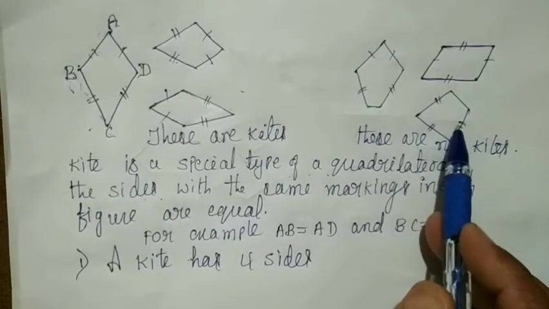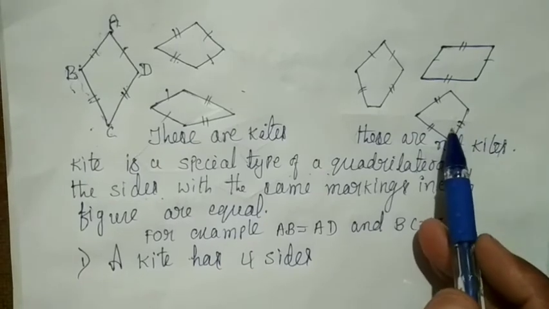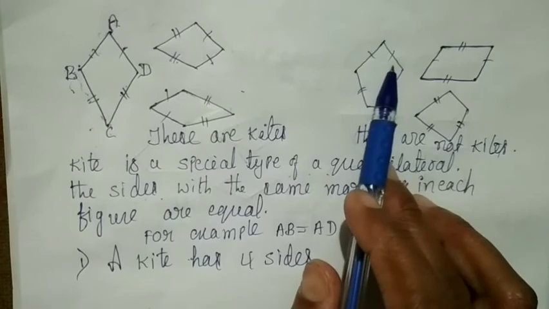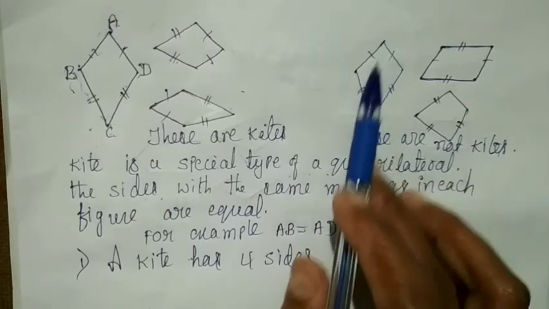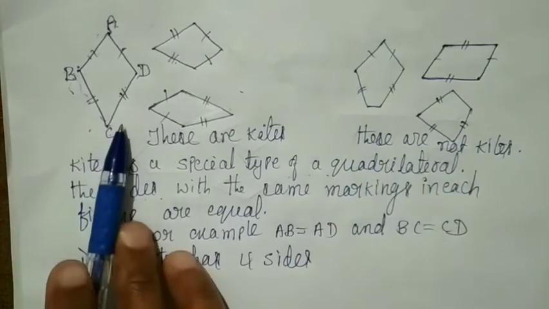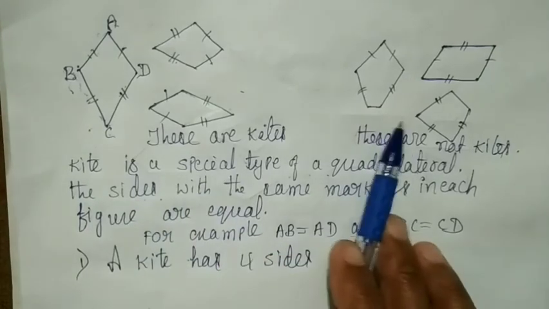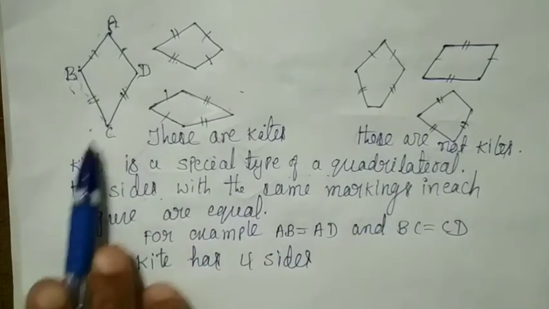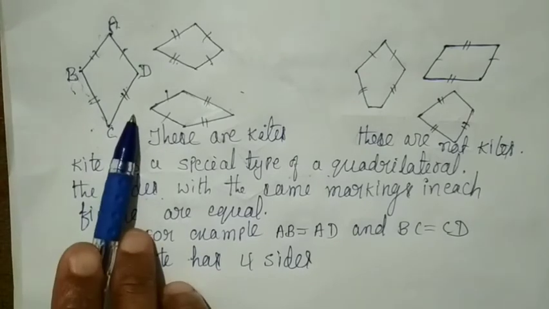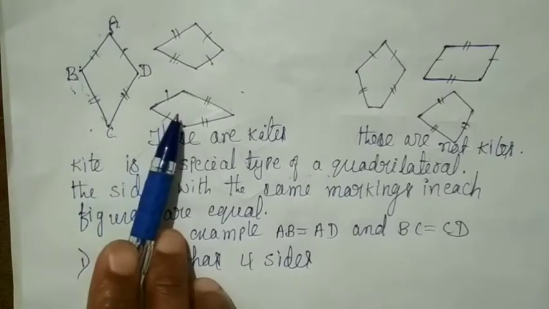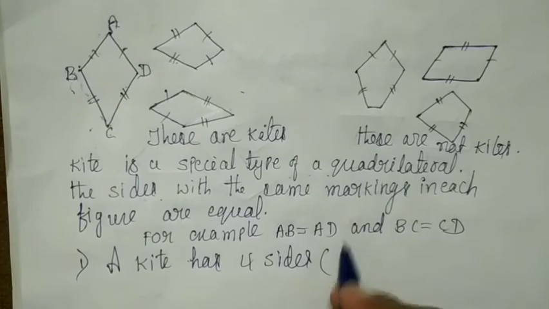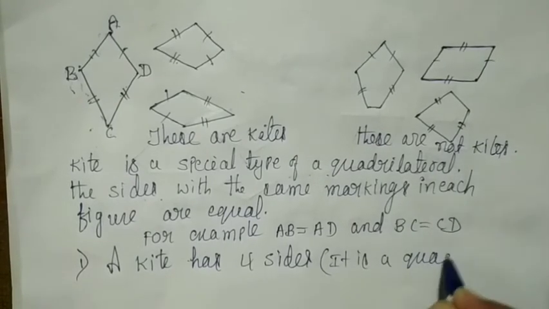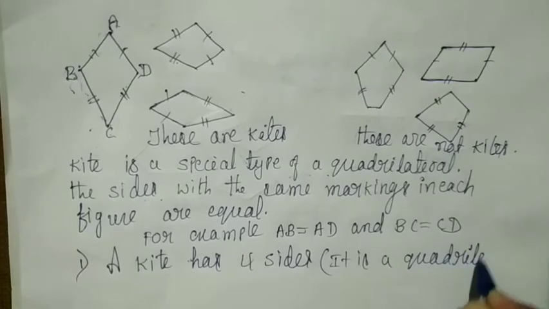This is also 4 sides, but the marking is not the same. This is 5 sides. So these are kites, these are not kites. We conclude that a kite has 4 sides, which means it is a quadrilateral.